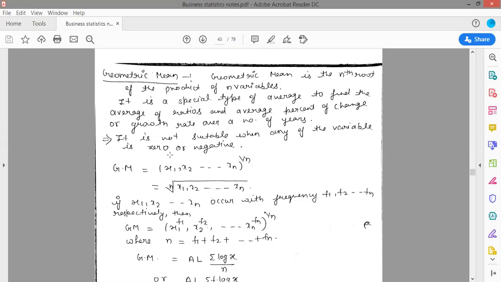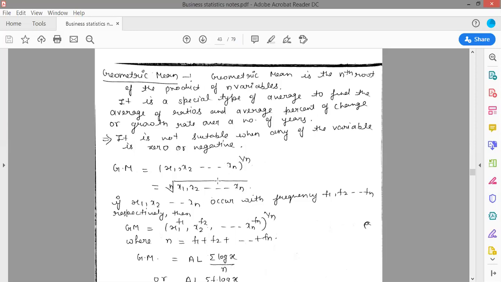If we have n variables, suppose let us consider x1, x2 and so on xn be our n variables. So the nth root will be (x1 x2 and so on xn) to the power 1 by n, and we can write it as the nth root of x1 into x2 into x3 and so on xn. So this is your geometric mean formula.